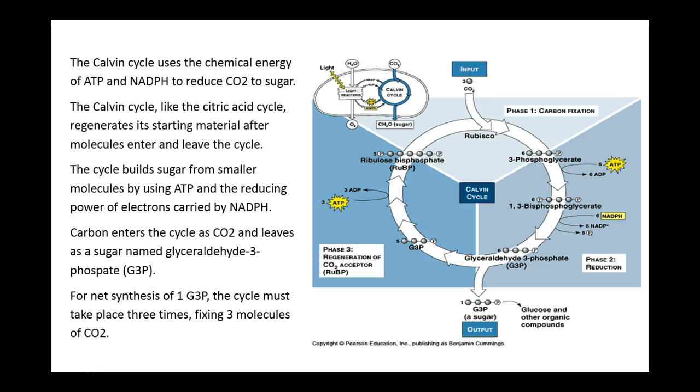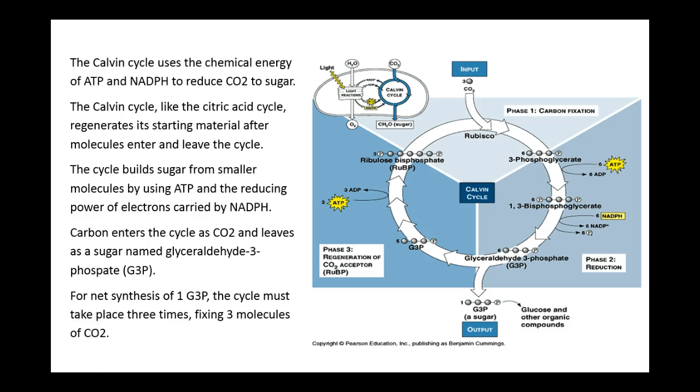For the net synthesis of one G3P, the cycle has to take place 3 times, fixing 3 molecules of carbon dioxide. Because you have the sugar name glyceraldehyde 3-phosphate, 3 molecules of carbon. So CO2 has 1 molecule of carbon.